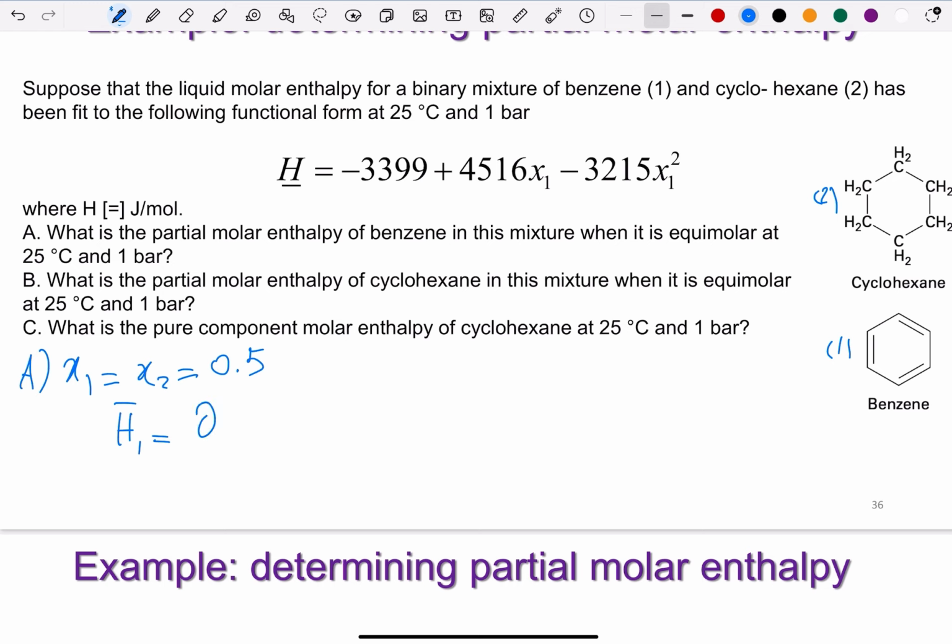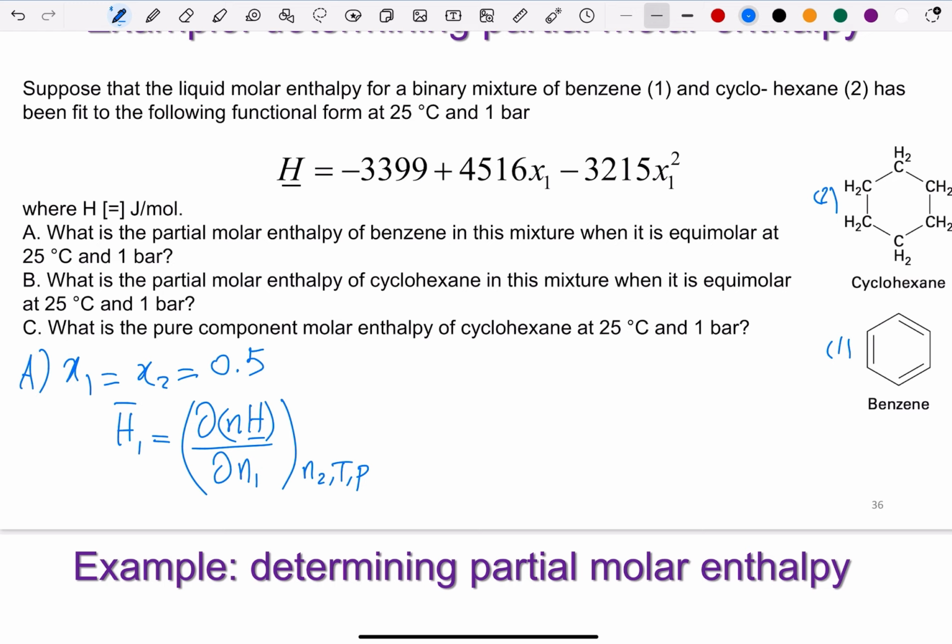So let's write the definition. It's d(NH)/dN1 at constant N2, temperature and pressure, right? The expression is given to us at constant temperature and pressure already. So that's the definition. I'm going to build that expression in the parentheses, N times H.